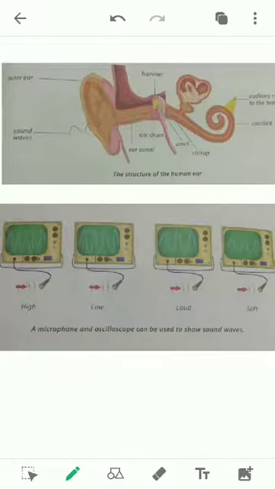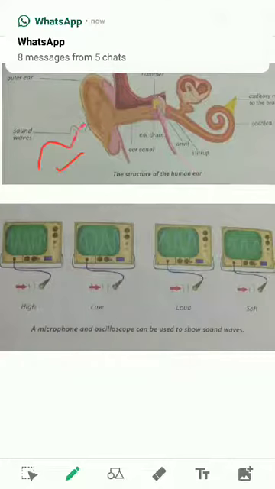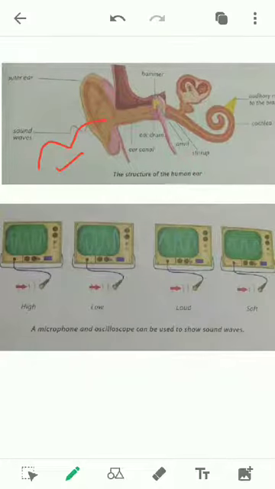Here in the above diagram, we can see the structure of a human ear. We already did this diagram in our previous term. Sound enters our outer ear through here, moves through the ear canal and into the three bones, which they have labeled here, and then it moves into the cochlea.